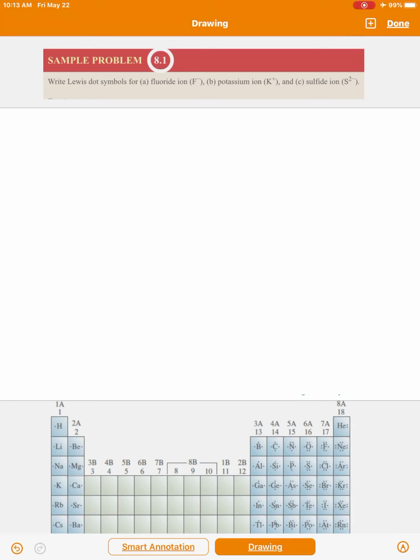Now, fluorine is element number 9, and it's in column 7A. That means it has 7 valence electrons. So I'm going to represent it with 7 dots. You just go around to each side: 1, 2, 3, 4, 5, 6, 7.